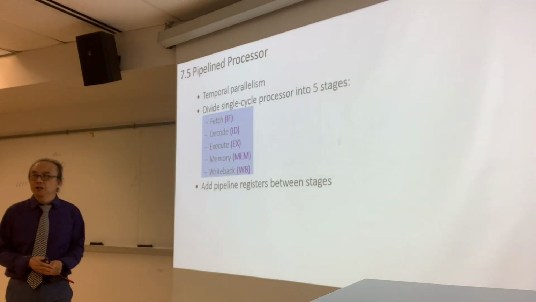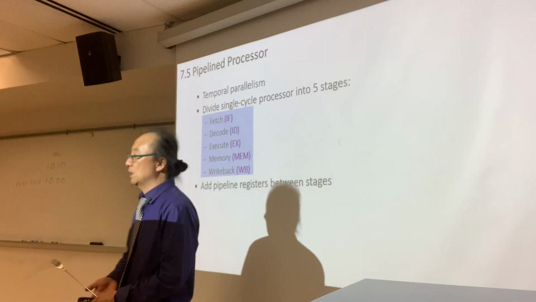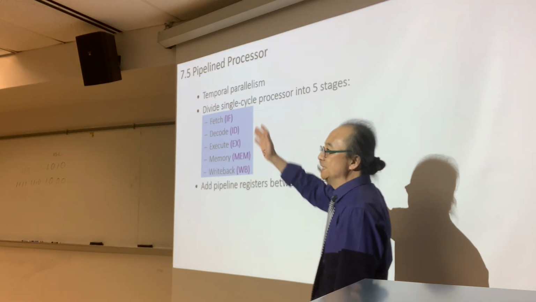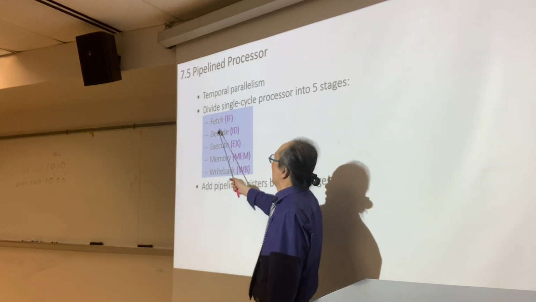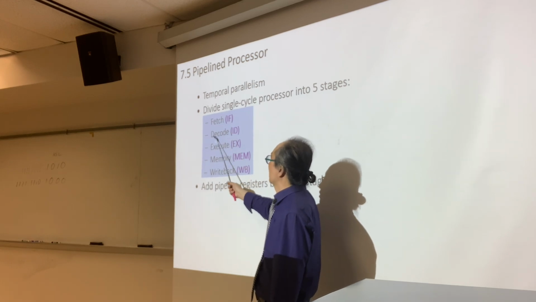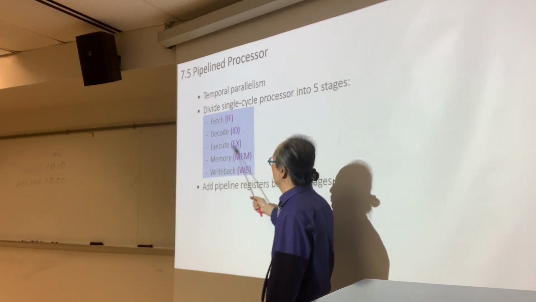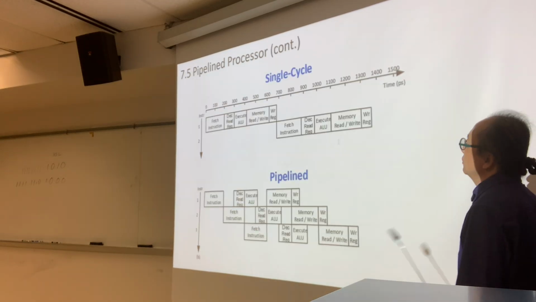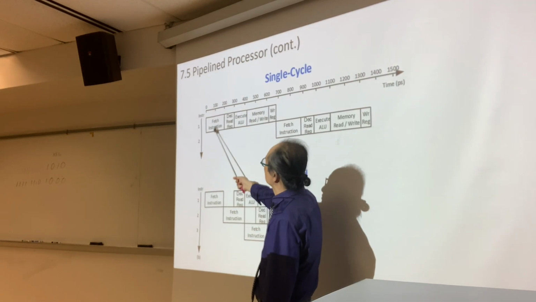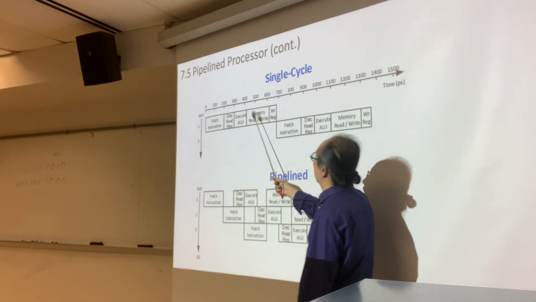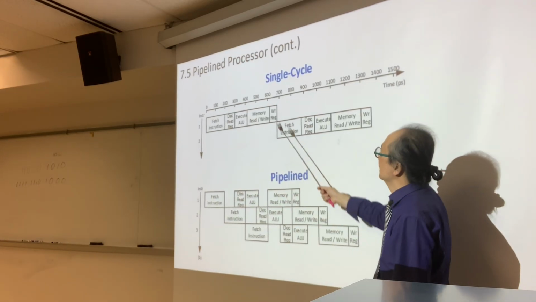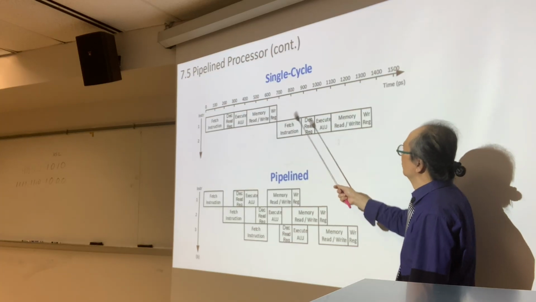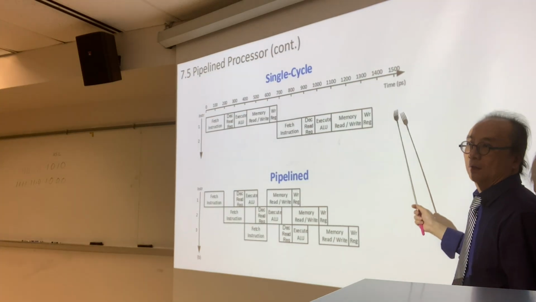In the pipelining, in this ARM architecture for our textbook, we have 5 different stages. We're going to call them instruction fetch, instruction decode, execute, access to the memory, and the write back stage. So when we do single cycle, instruction fetch, decode, execute, access memory, write back. Then in the second instruction, we do this. So it takes a lot.